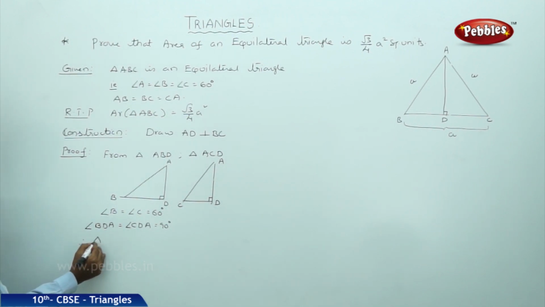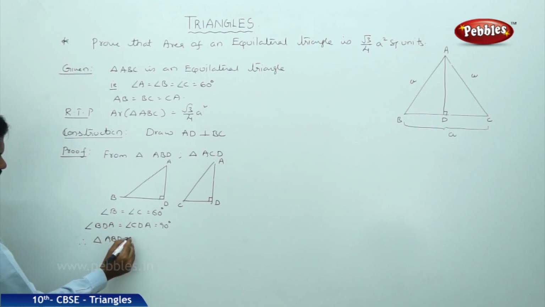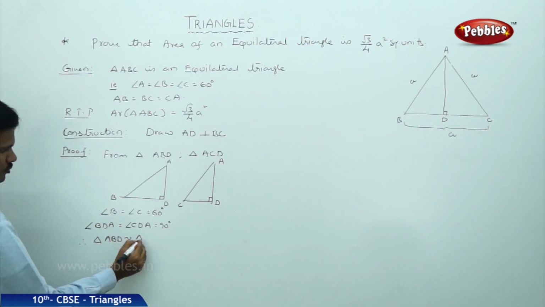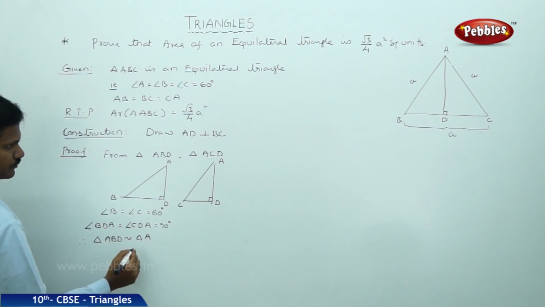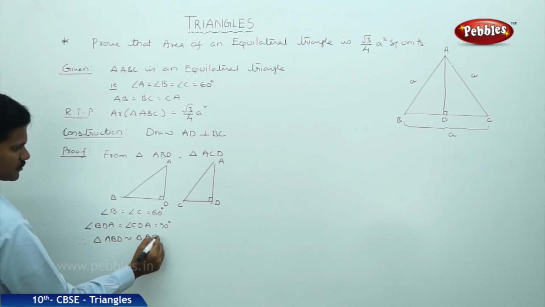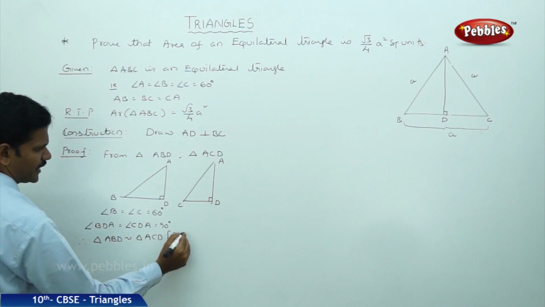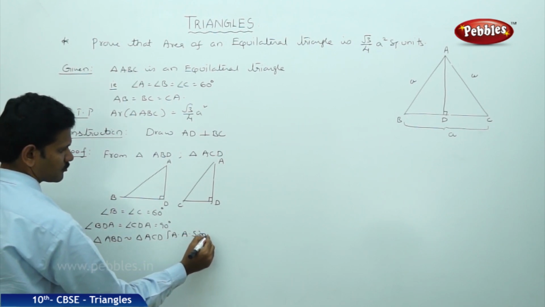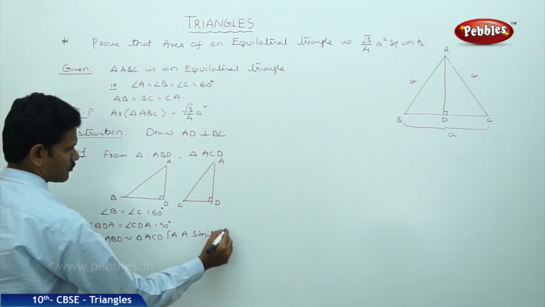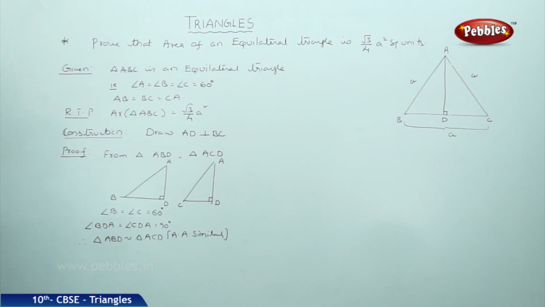Therefore, triangle ABD is similar to triangle ACD by angle similarity. Therefore, we conclude that BD is equal to CD.